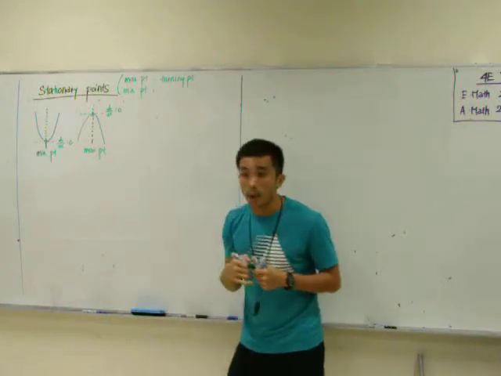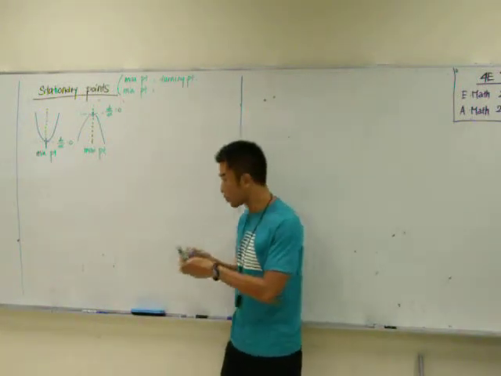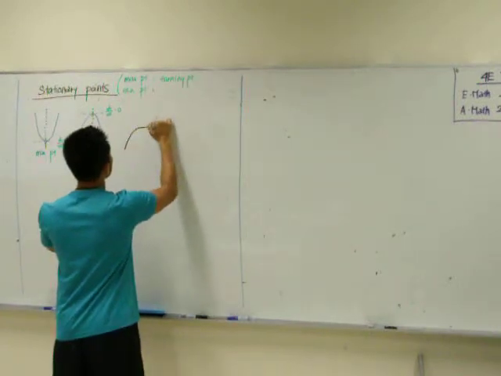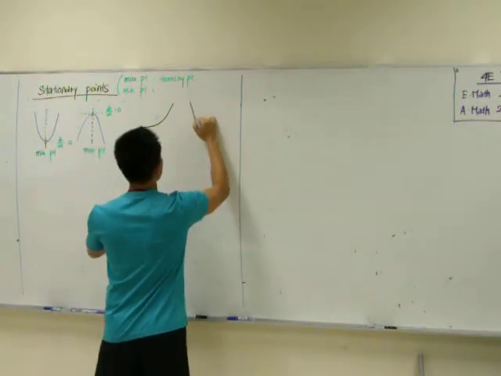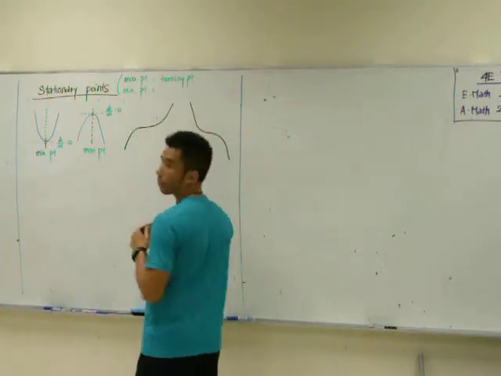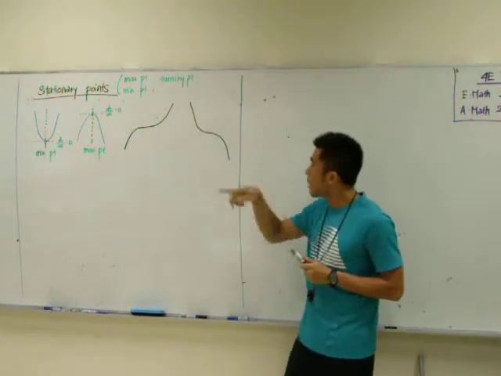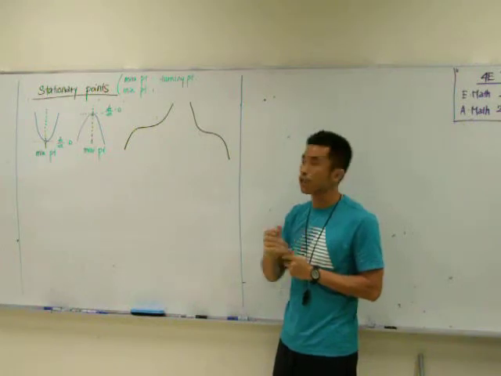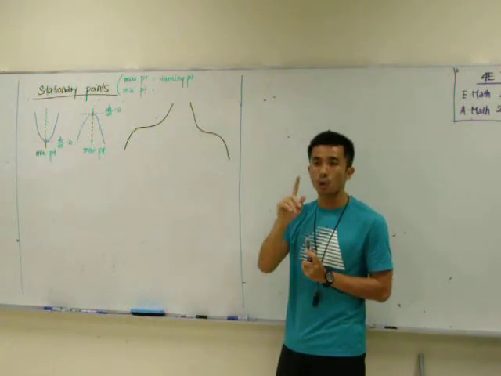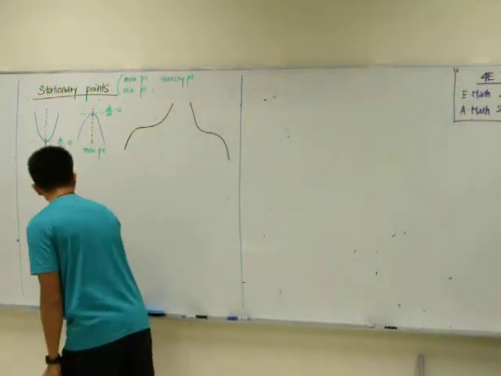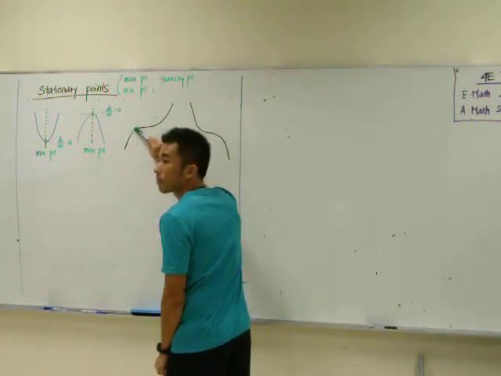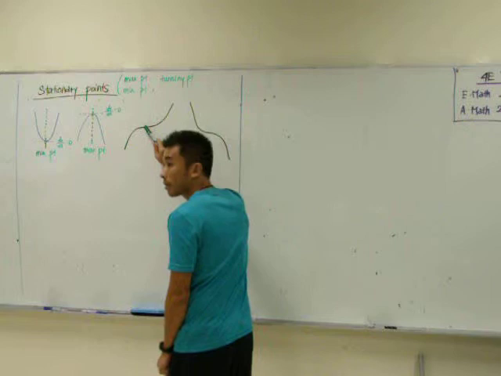Now, there's one more type which you all haven't learned, which I'm going to introduce today. This is the last kind. There are times where you have this kind of curve. You don't learn it in E-Maths, you learn it in A-Maths. I'm going to show you tomorrow. Now, can you see that this is increasing? Then suddenly it becomes flat.